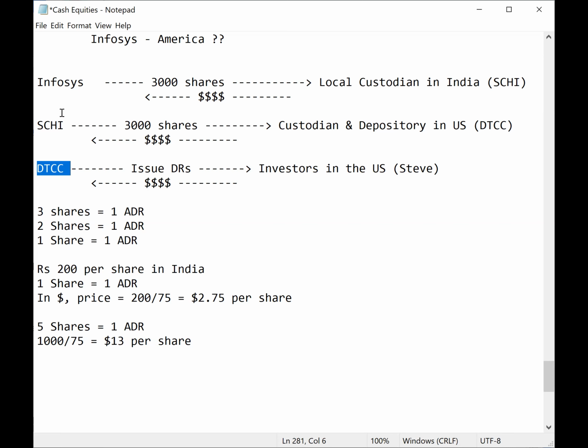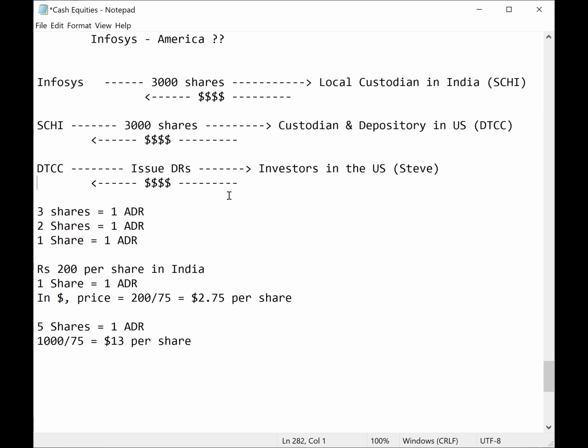Here the company is not involved, the company is not issuing new shares, and the company will not get the money. It's the DTCC which bought some existing shares from the secondary market and issued the ADRs against them. So DTCC would get the money. DTCC is the owner of the shares. They would get the dividend, they would have the voting rights and all. The investors in the unsponsored ADRs would not get any of those rights.